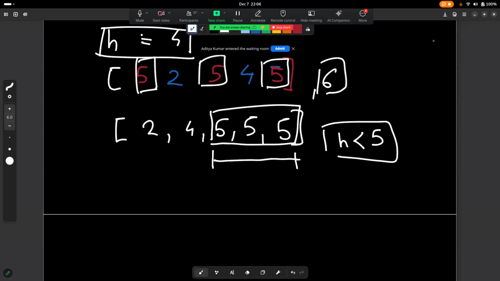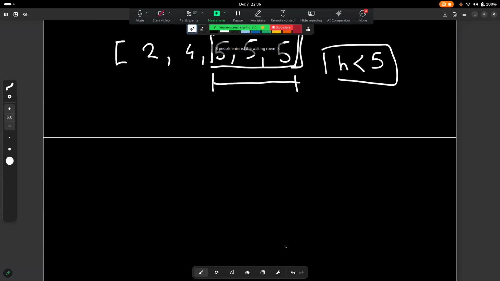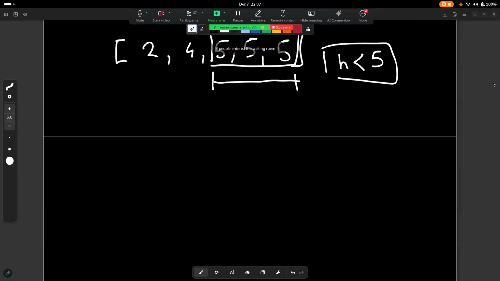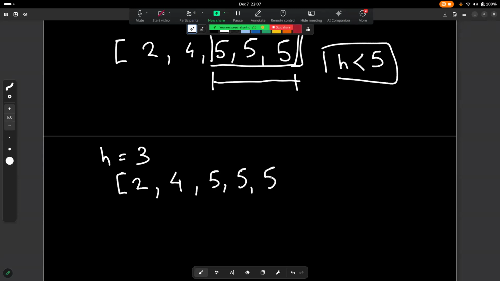So if, for example, we had h equal to 3, is h equal to 3 valid with respect to this array? Well, our array is 2, 4, 5, 5, and 5.